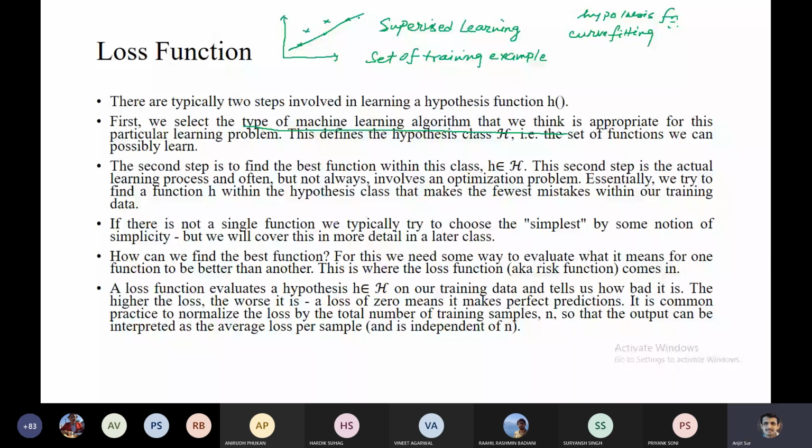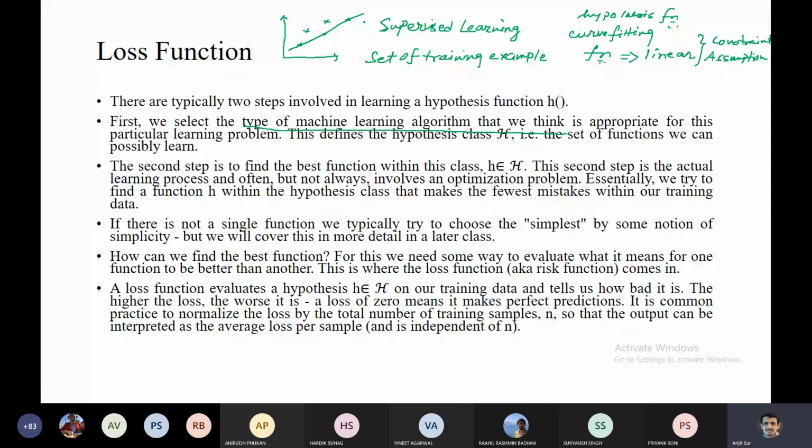If we say our function is linear, this is a kind of constraint or assumption, that we find a curve which is linear for this particular problem.